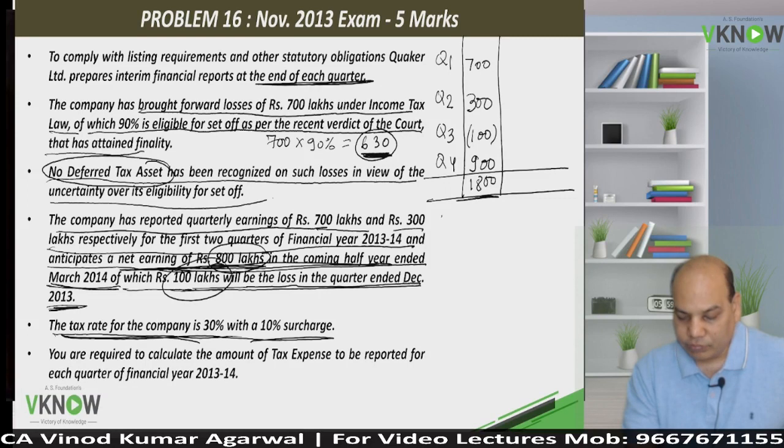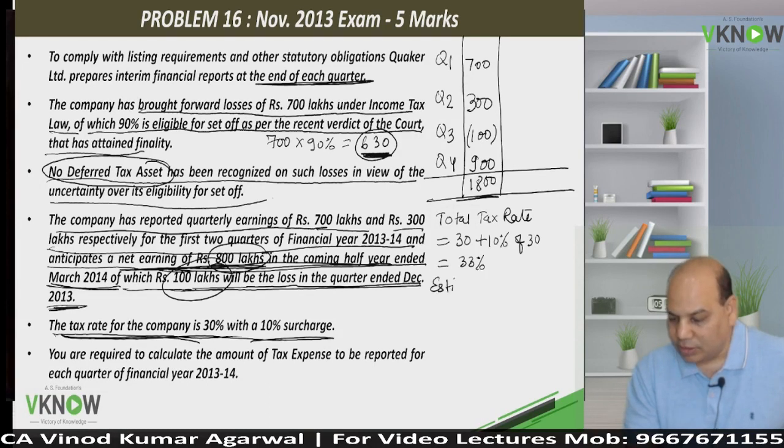So my total tax rate will be 30 plus 10% of 30, which is 33%. Okay.